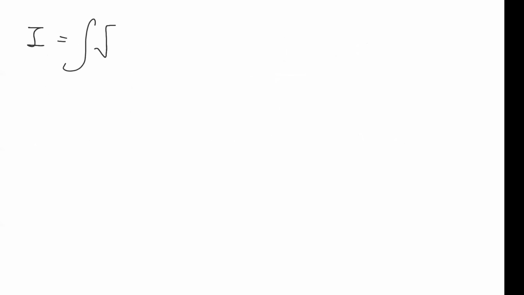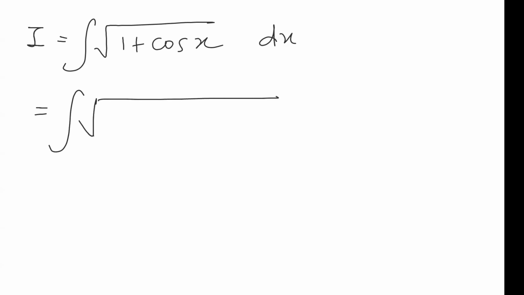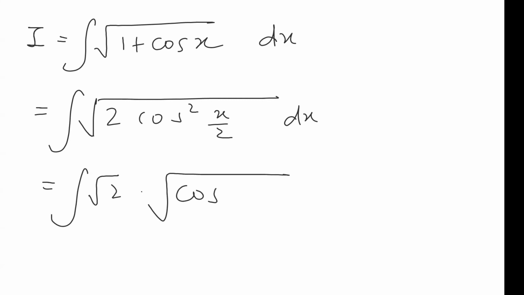Integration of root of 1 plus cos x. Just make use of the half angle formula. Very handy thing. So the root will be split into two parts. We can split the root into two parts because there is a multiplication sign over here.